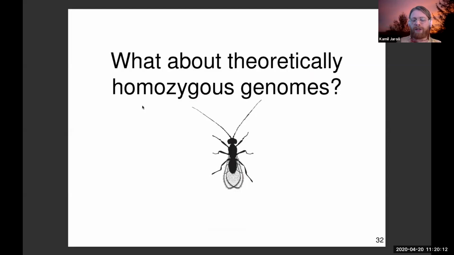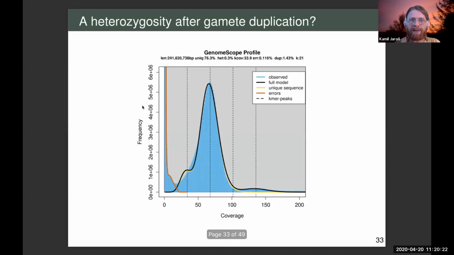So what happens if the genomes are not very heterozygous? If they're homozygous? Well, I have this example of a parasitoid wasp. If you look at the Kmer spectra, it fits a model. It has a good estimate of the genome size that's approximately accurate. What's not that cool is that it still estimates some heterozygosity.